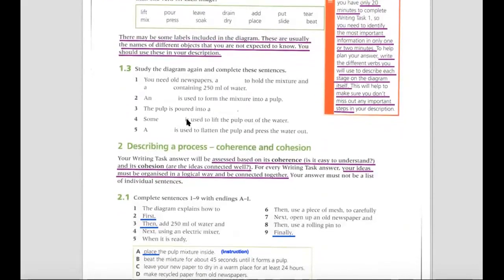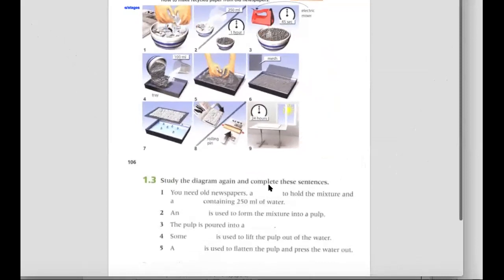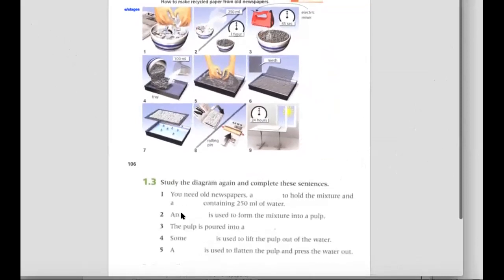Okay. So as I said, you get labels on the diagram, words that they give you. Okay, so it's best to use these. So let's have a look at this over here. What we're going to do is try and complete these sentences with either a word from the diagram or a word from your own knowledge.